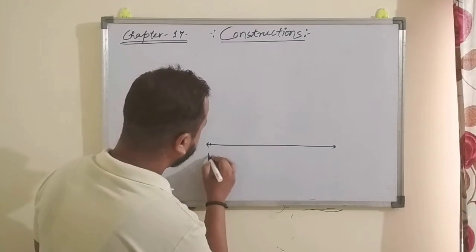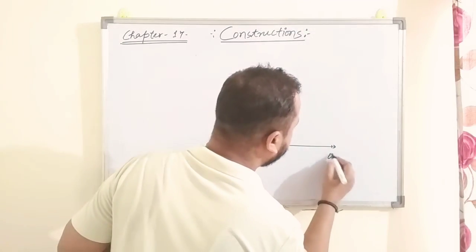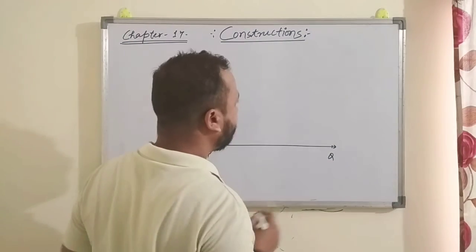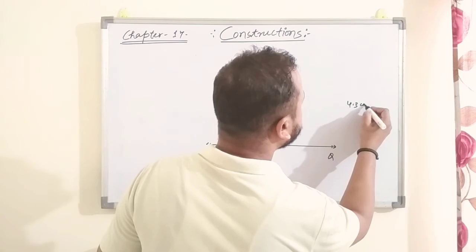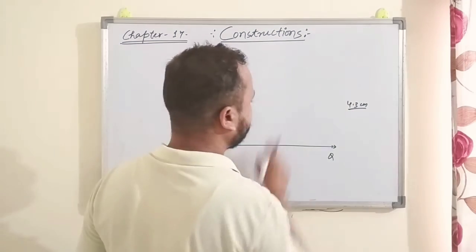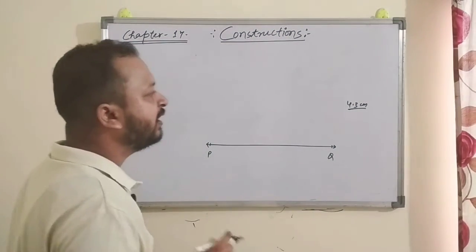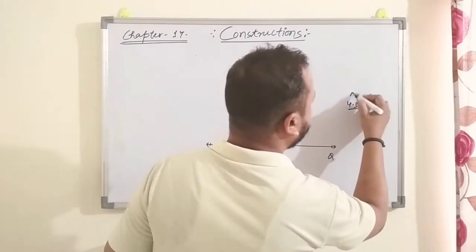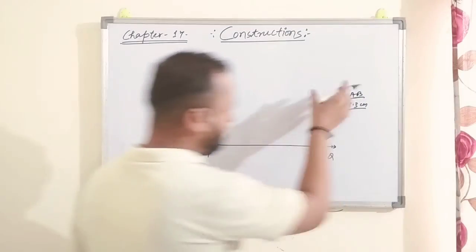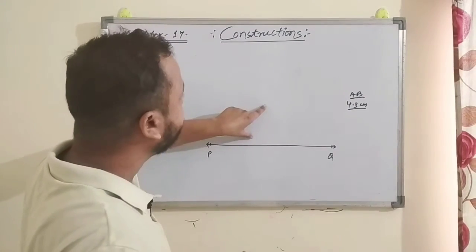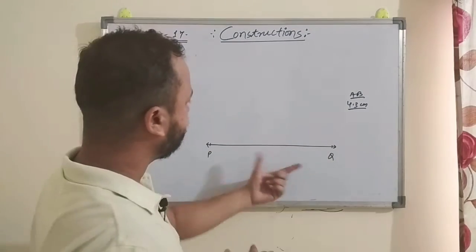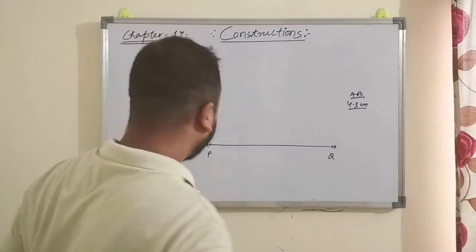Suppose this line is PQ, right? And it is given, draw a parallel line which is 4.3 centimeter from this line, and that particular line, suppose draw a parallel line which is AB. So draw AB 4.3 centimeter away from this PQ, and which should be parallel to this line PQ.